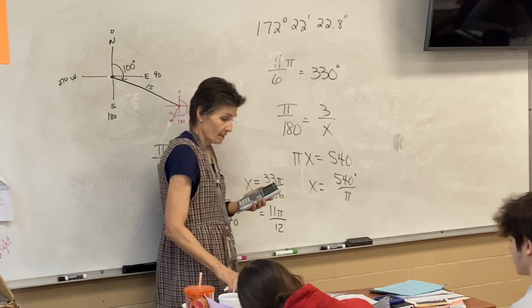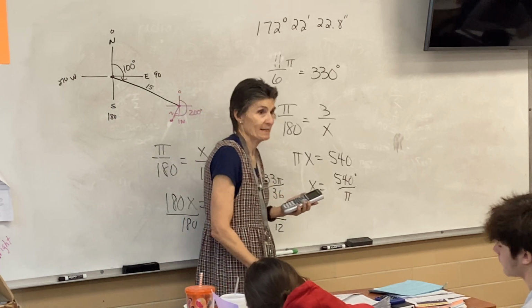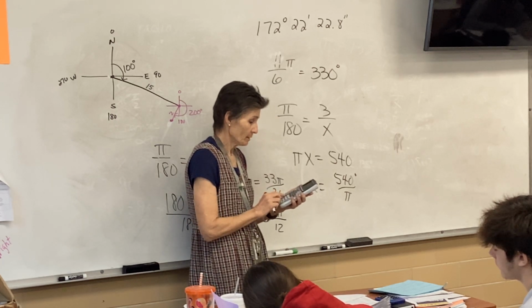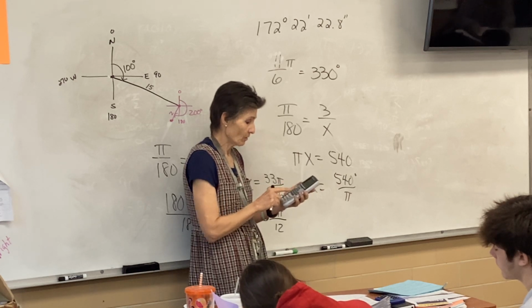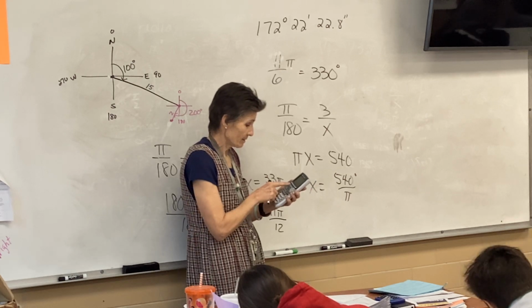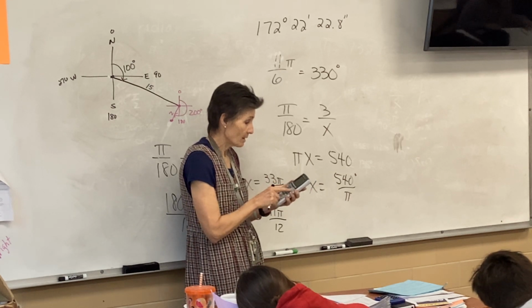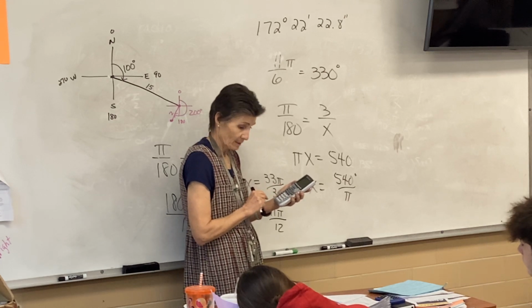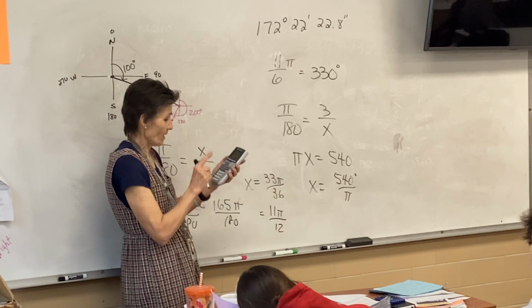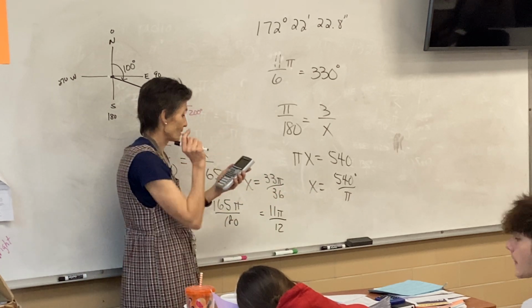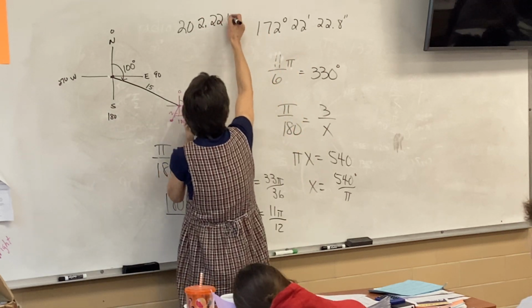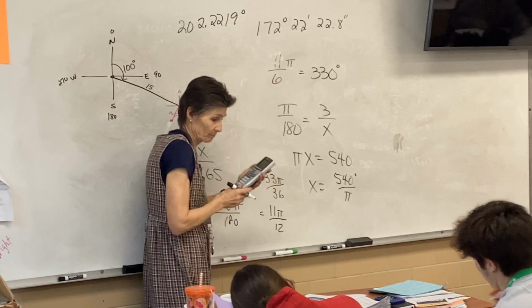And then, what if you have degrees, minutes, seconds? Well, 202, second angle degree mark, 13, second angle minute mark, and here comes a tricky one, 19 alpha plus, and I got 202.2219 degrees.